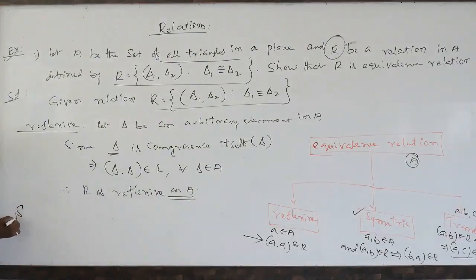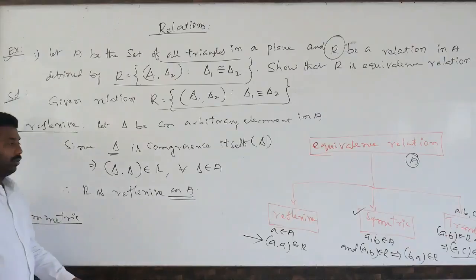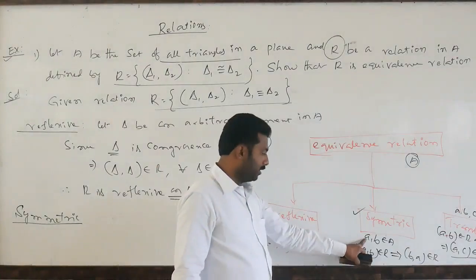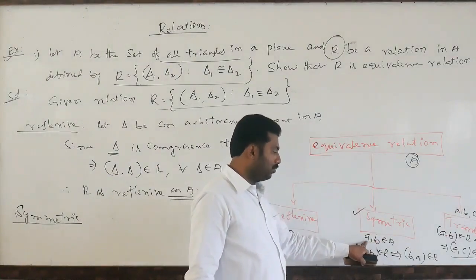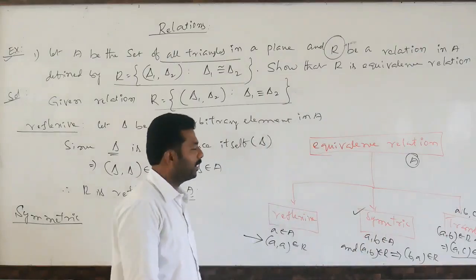Then we have to prove whether capital R is symmetric or not. What I told you about symmetry: two arbitrary elements from the non-empty set.